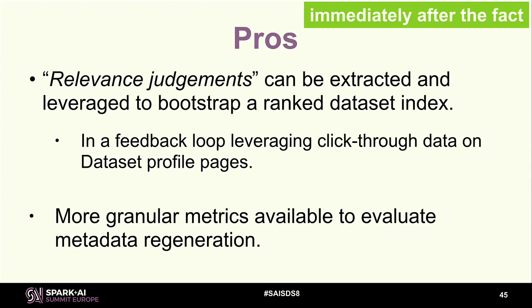Another advantage is that more granular metrics are available to evaluate the regeneration of metadata. We can also expand upon it. So if we find additional metadata, we can reissue the whole process again, reindex, re-rank. So this is all inside the same ecosystem of tools. We don't need to wait for things to happen again because we can actually activate their happening again.